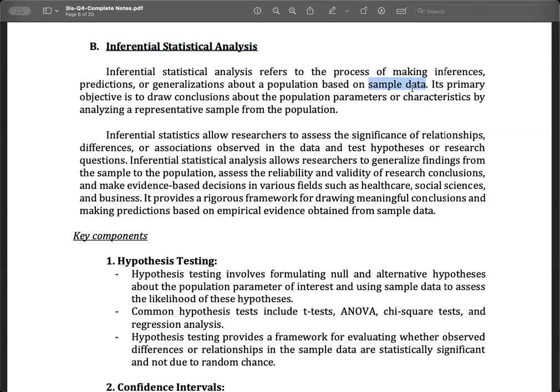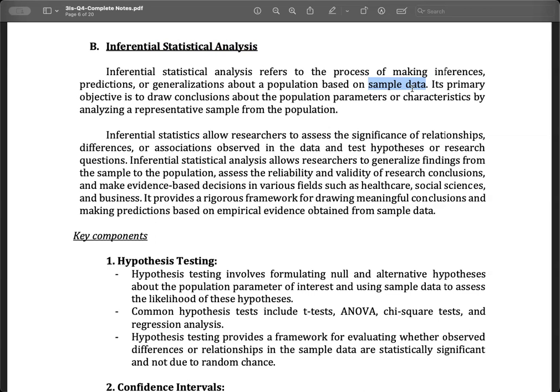That means only a portion of the population were given the tool or were tested or evaluated or surveyed. And then the data that they produce are the ones that are going to be processed and analyzed. So basically, it's just making predictions or generalizations from a portion of the population.